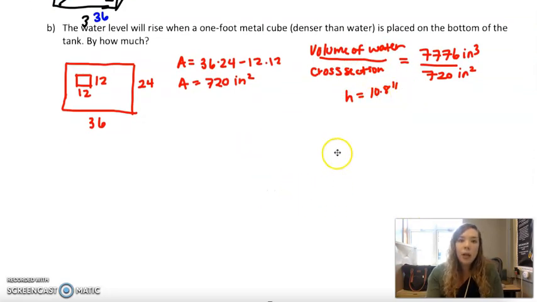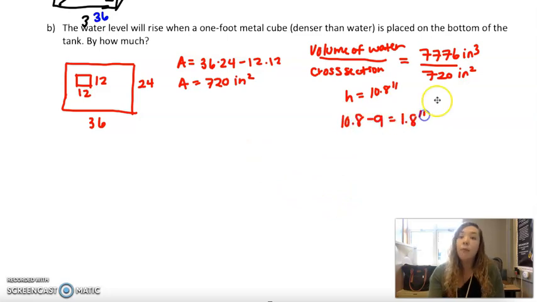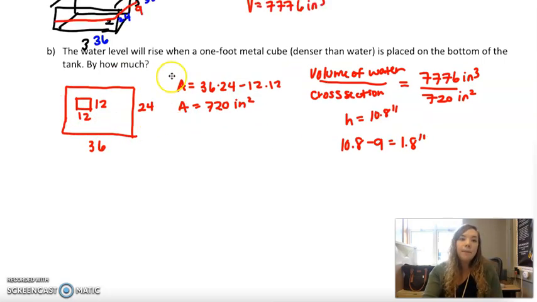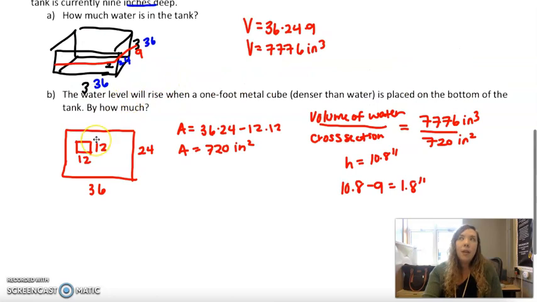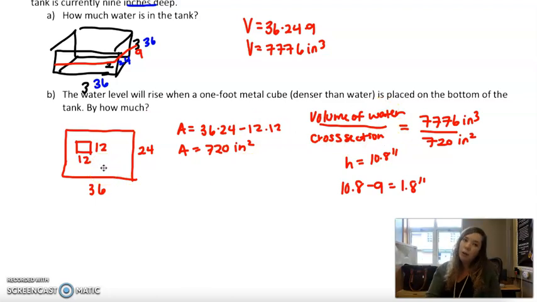And then it wants to know the difference in height, so we take our 10.8 minus 9, which is 1.8 inches of rise. All right, so you do have to be careful with thinking about if that cube would be completely submerged or not. If it would be, then you could tackle this problem differently. But we have to take our volume of water divided by our cross-section because it would be taller than the original amount of water.